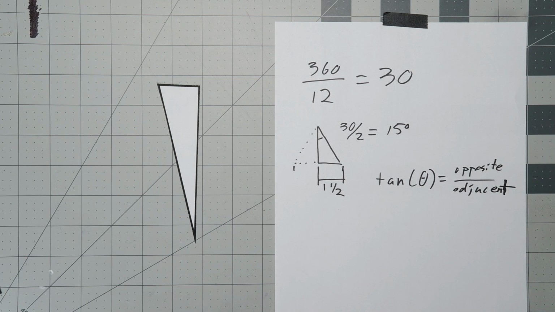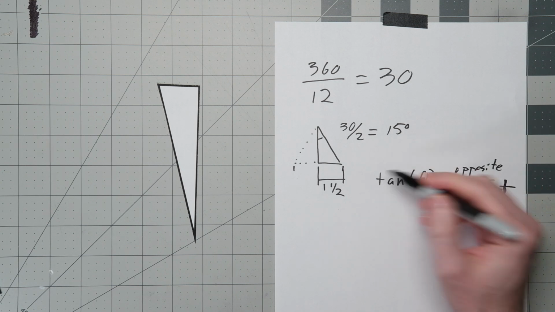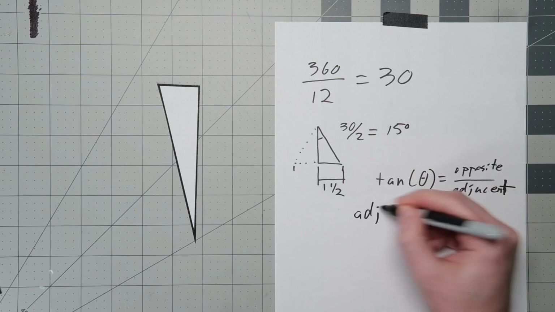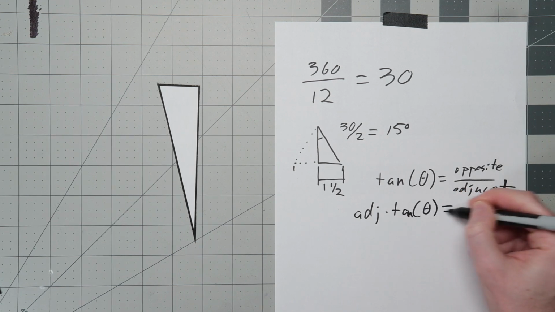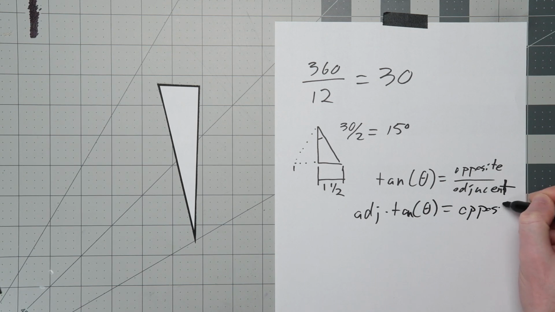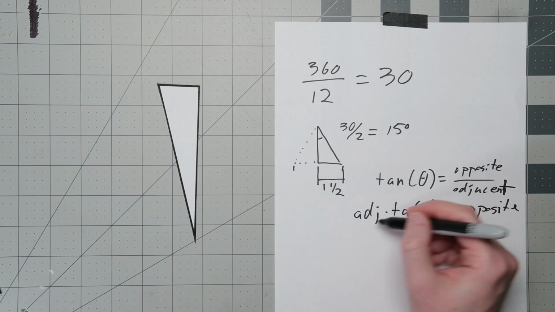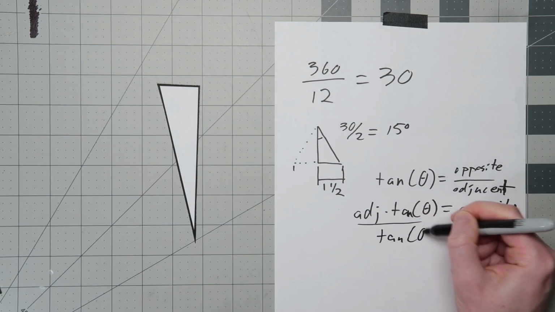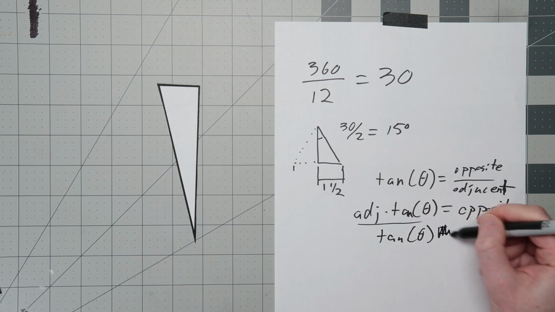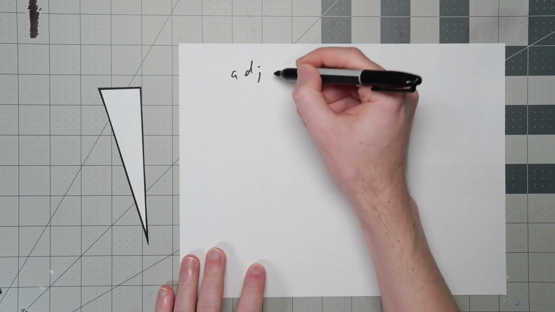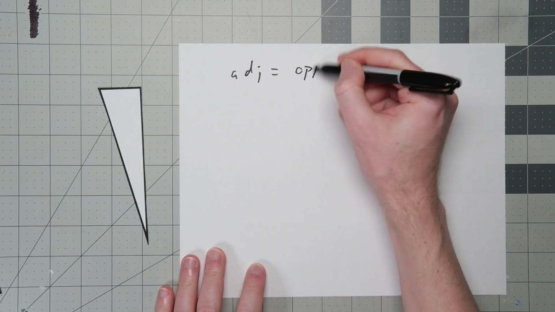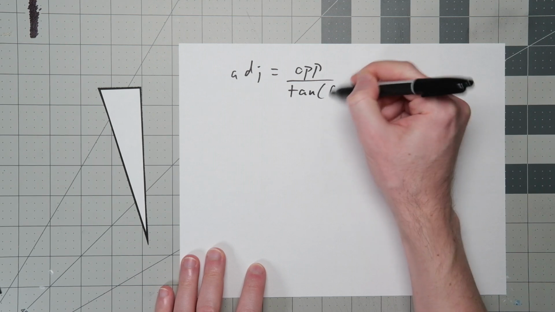So in solving for adjacent, we need to adjust this formula. I'm going to multiply both sides by adjacent, which means that you have adjacent times tan theta equals opposite. Then we need to divide both sides by tan theta, which gives you the formula adjacent equals opposite divided by tangent theta.